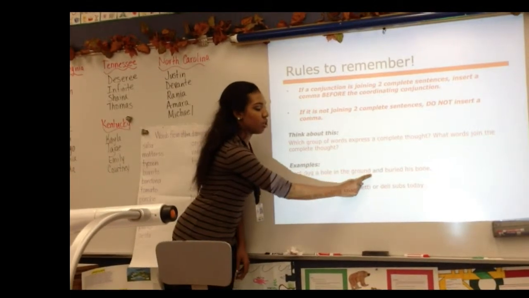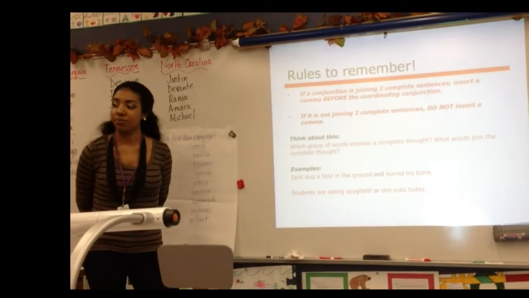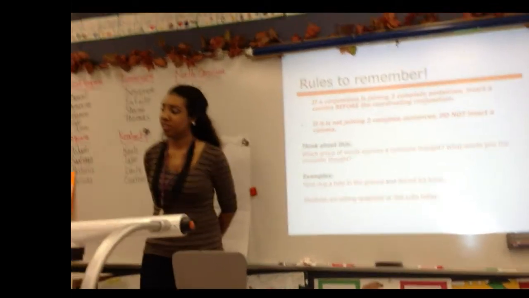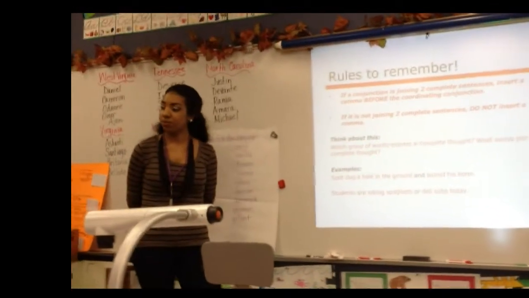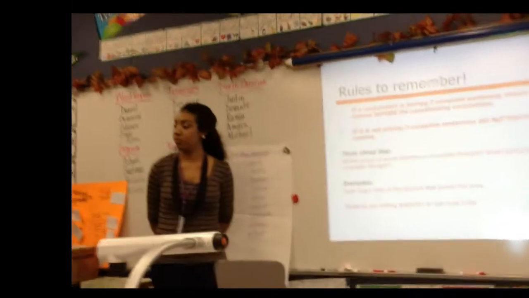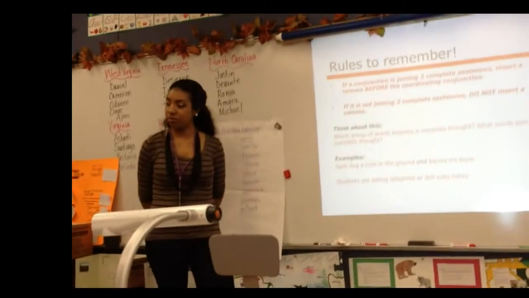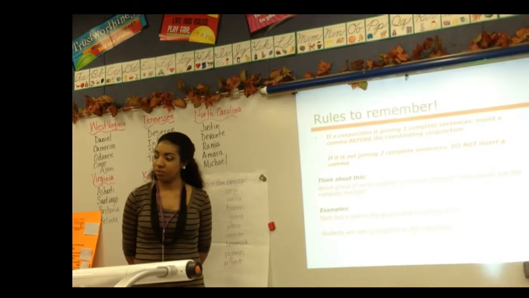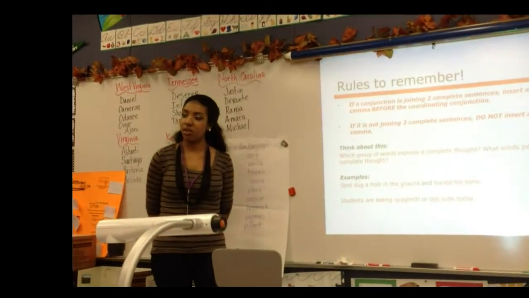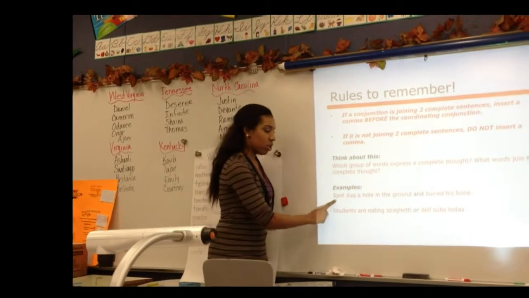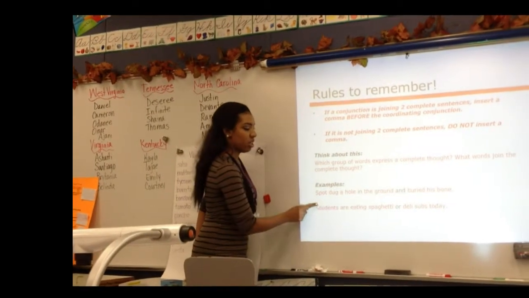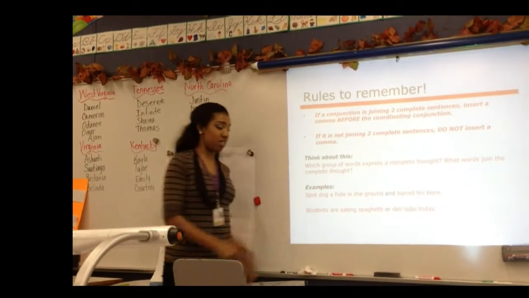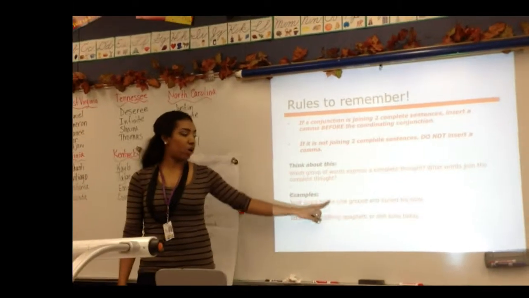Who can tell me why there's no comma right here? Because the sentence is supposed to be together, and the and was meant to be in the sentence. Okay, I like that answer. So on the left side of the conjunction, is this a complete sentence? Spot dug a hole in the ground.